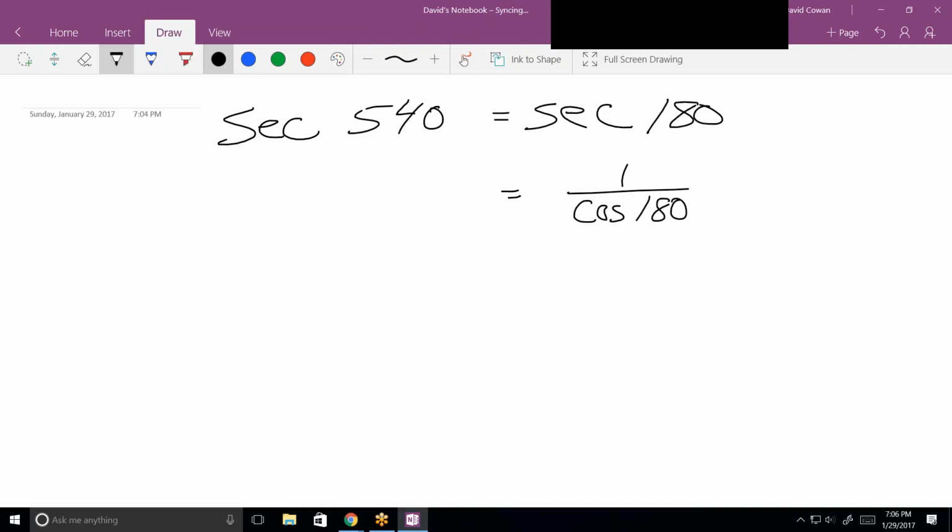You see that? The only reason I do that is because I'm very comfortable working with sine, cosine, and tangent. But whenever somebody gives me secant, cosecant, or cotangent, I generally do this as my first step, because I know I can figure out cosine of 180.